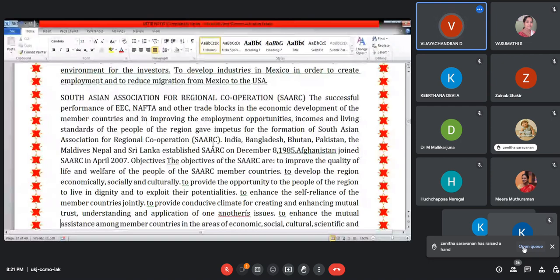Afghanistan is also a member. In the year 2007, Afghanistan became a member of this SARC. When it was established, I think you could know, that is December 8th, 1985.